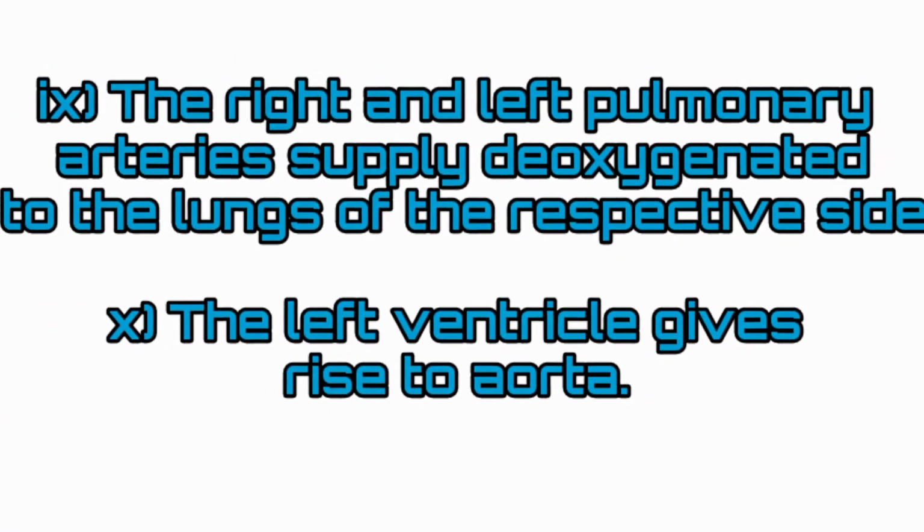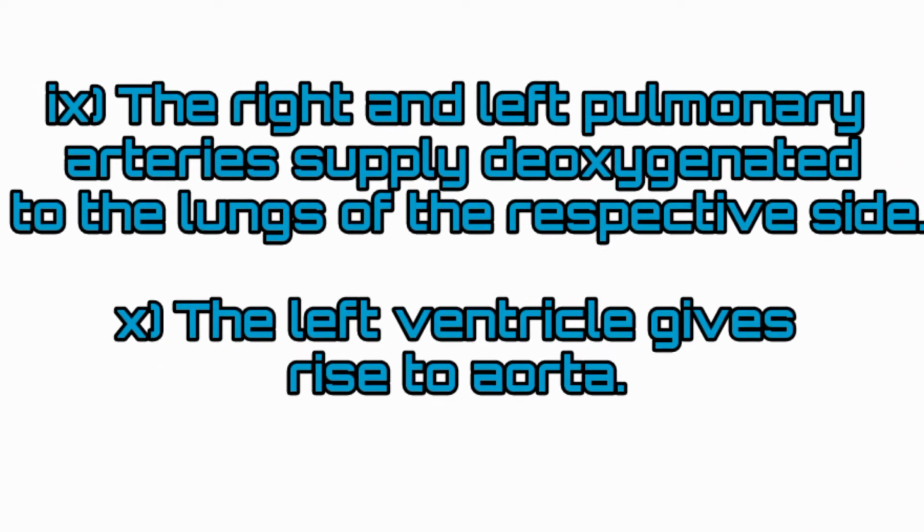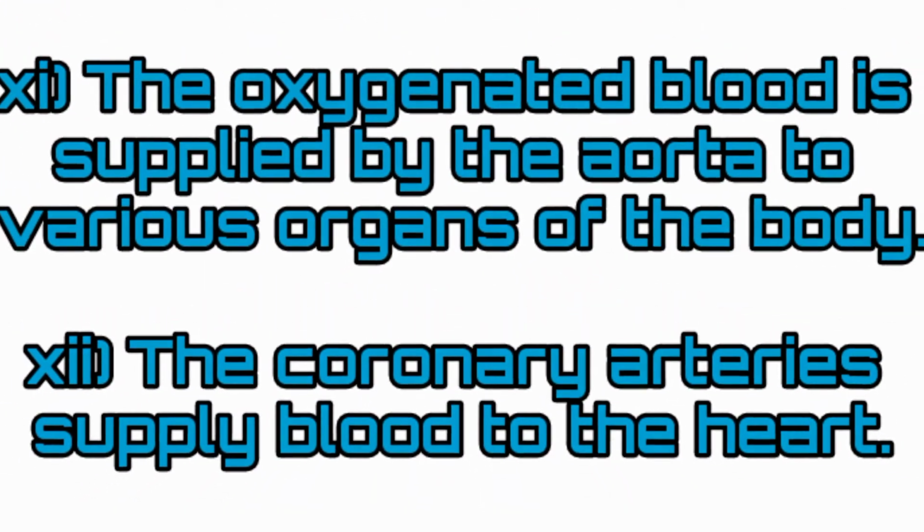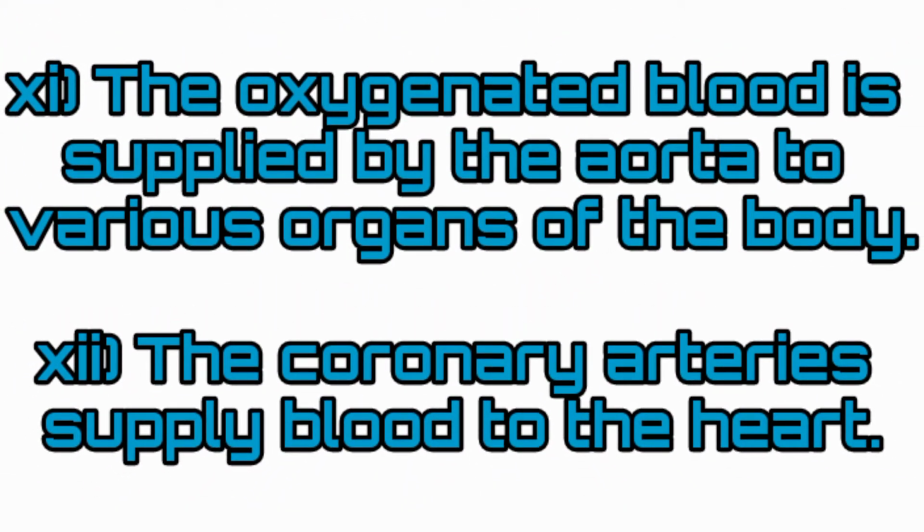The left and right pulmonary arteries supply deoxygenated blood to the lungs of the respective side. The left ventricle gives rise to the aorta. The oxygenated blood is supplied by the aorta to various organs of the body. The coronary arteries supply blood to the heart.